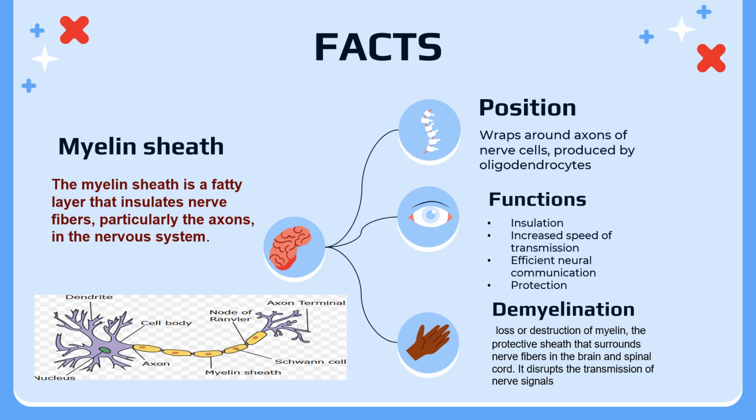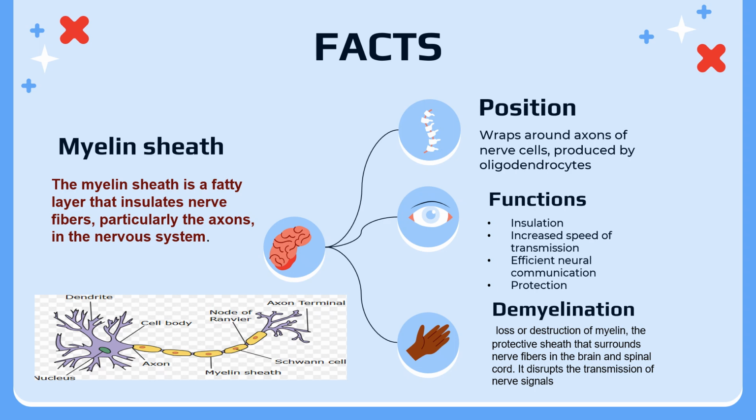Now comes the term that we are going to discuss, that is demyelination. So what is it? It is the loss or destruction of myelin. This myelin sheath starts becoming less, this protective sheath that surrounds the nerve fibers in the brain and spinal cord.